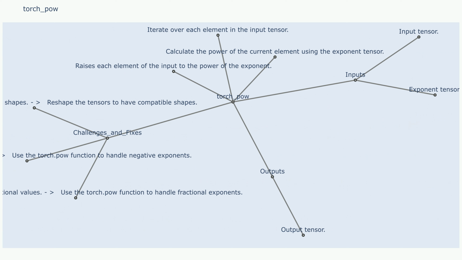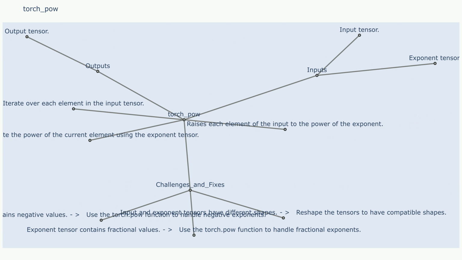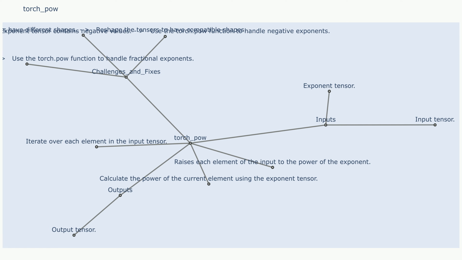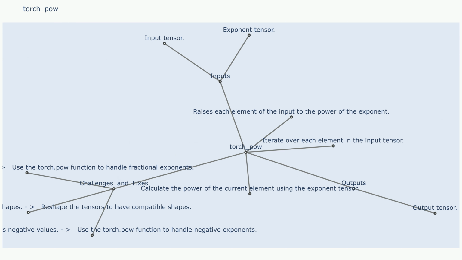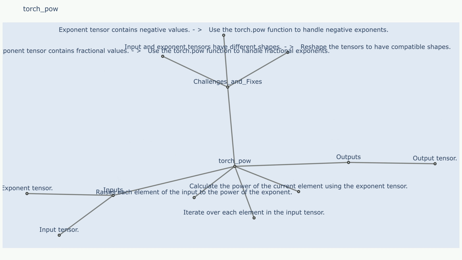Challenge 1: if the input tensor and the exponent tensor have different shapes, the function will raise a value error. Sample use case that resulted in challenge 1: Python, import torch, x = torch.tensor([1, 2, 3]), y = torch.tensor([1, 2]), torch.pow(x, y). Fixes to challenge 1: ensure that the input tensor and the exponent tensor have the same shape.